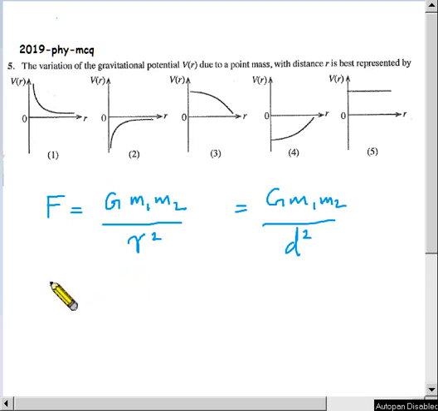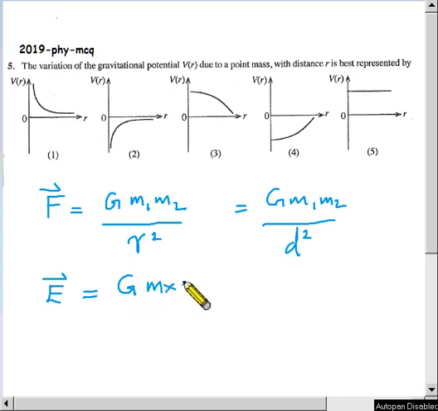The next equation we learn is E, the field strength or field intensity, that is G m divided by r squared. There is no m2 because it is measured for 1 kilogram, the force for 1 kilogram, that is the definition.